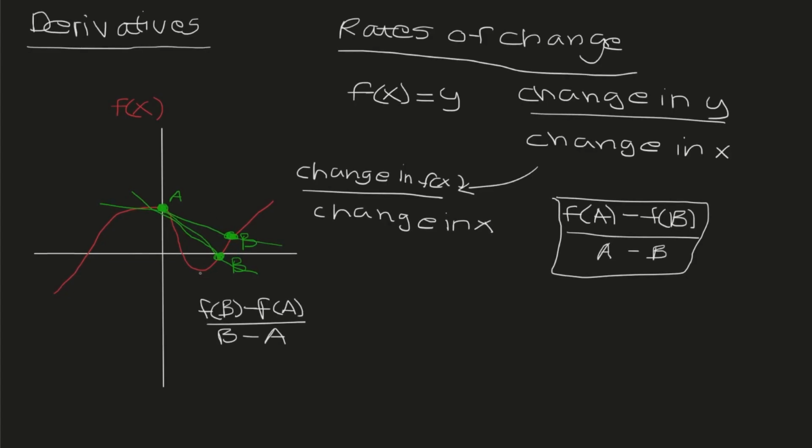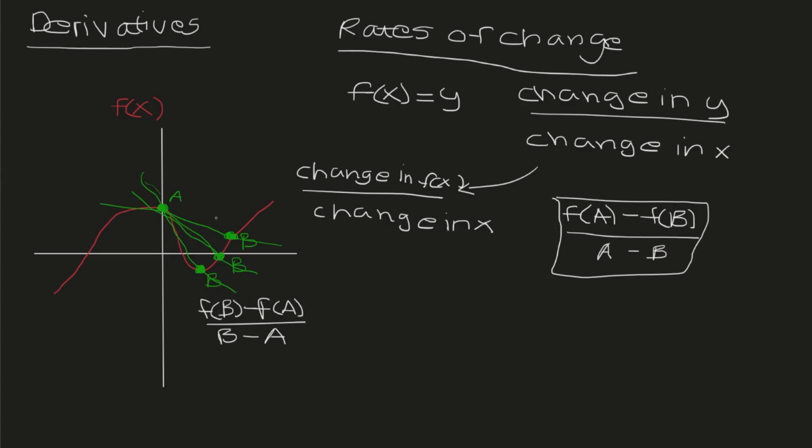Now let's make point B even closer. Let's make it the bottom of this little valley right here. Let's make that point B. And as you can see, we get closer and closer to a rate of change that is consistent with the polynomial.